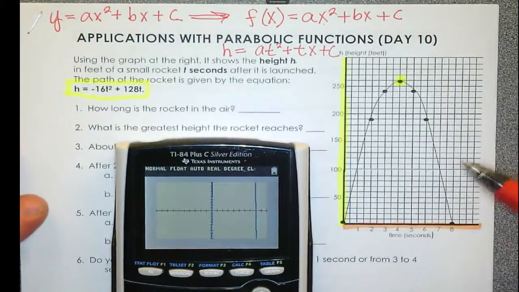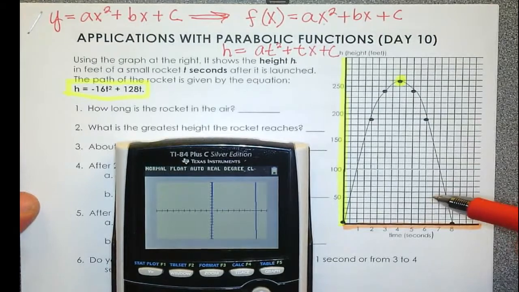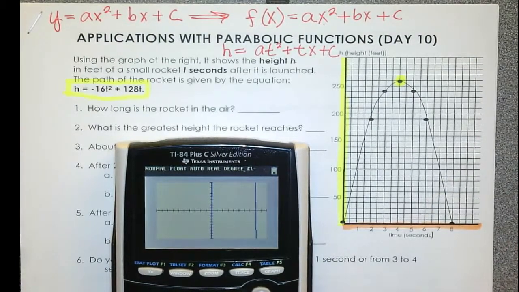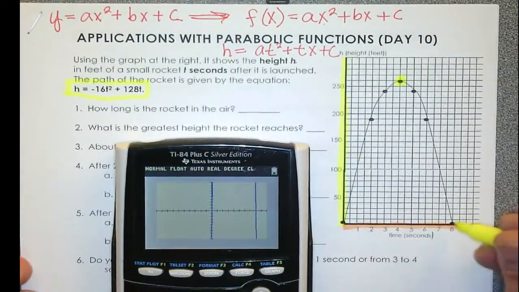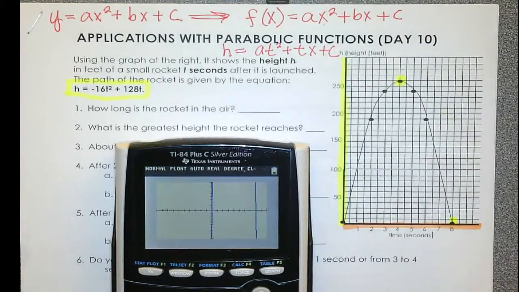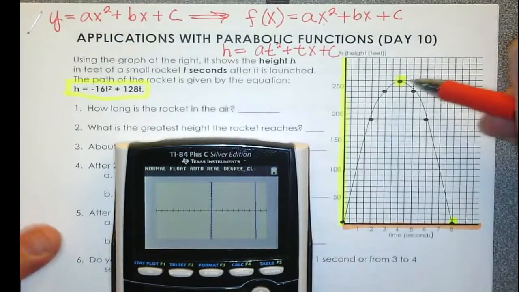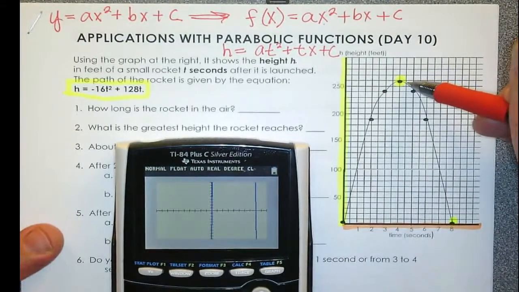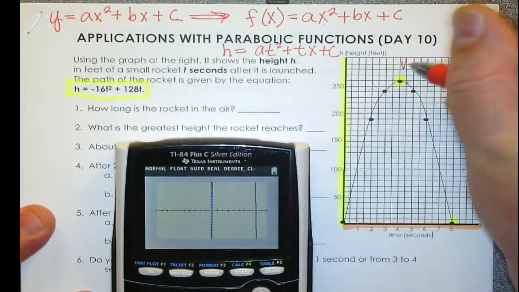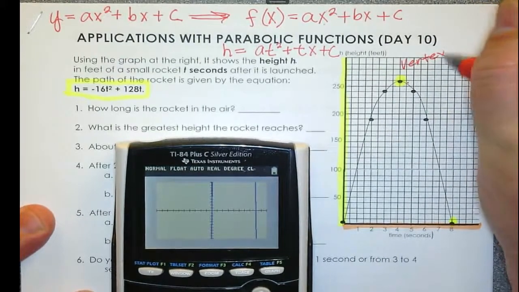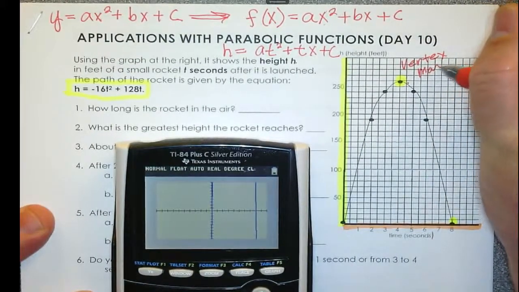So if you're looking at this picture, what's this point here? Well, we're interested in 2 or 3 points with our application problems. That point and most likely this point. In Algebra 1, we're concerned about those 2 points. What's this point called? Vertex. And in this case, it happens to be a maximum.